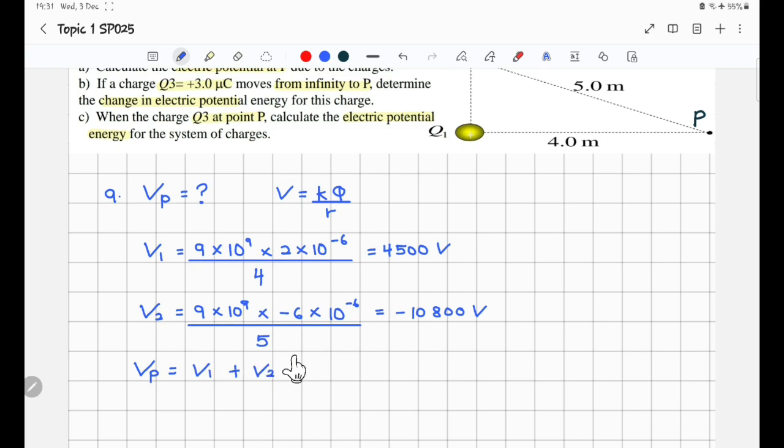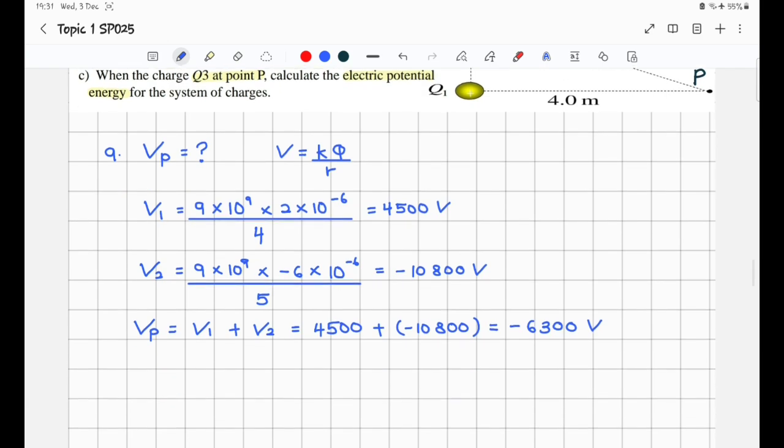Because it doesn't involve any direction, we can simply total the two potentials up. So from the calculation, we obtain the value of the potential at point P equivalent to negative 6,300 volt.